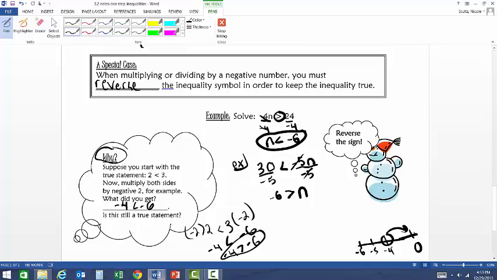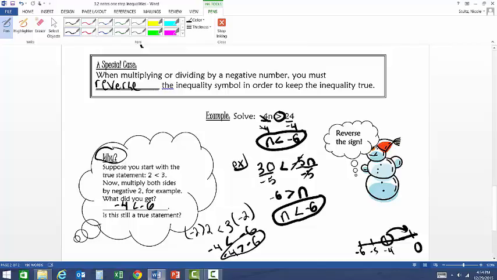And I'm very close to being done. Now I'm ready to do the swap flip trick because I want my letter on the other side. So I've swapped places and flipped my sign. This is my answer. Numbers less than negative 6 will work in this problem.